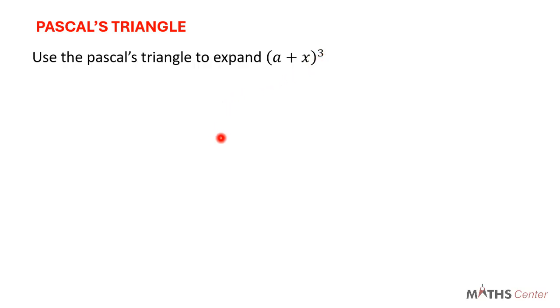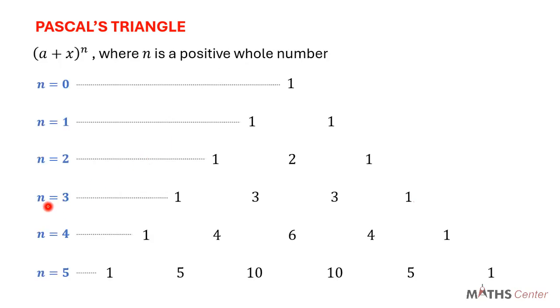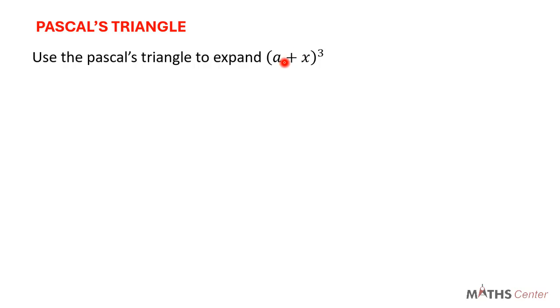From the Pascal's triangle that we have considered here, when n is 3, that is when the exponent on the binomial expression is 3, the binomial expression will have 4 terms, and the coefficients of the terms will be 1, 3, 3, 1. So we do that here. So for (a + x)^3, because the exponent on the binomial expression is 3, the coefficients of the expansion will be 1, 3, 3, 1.